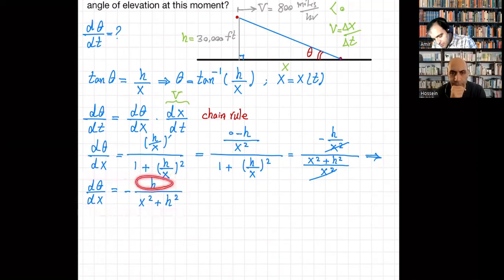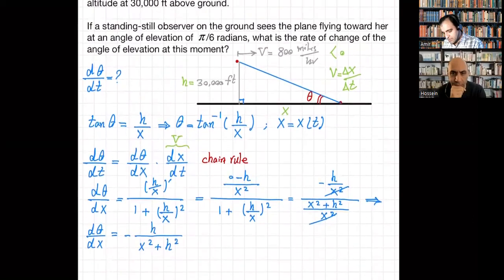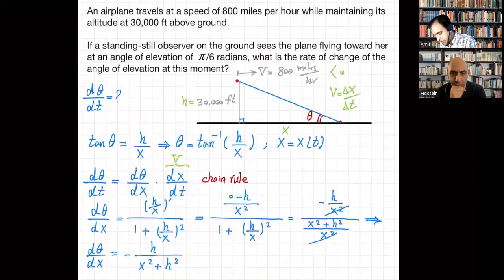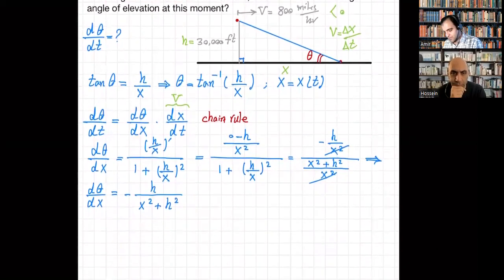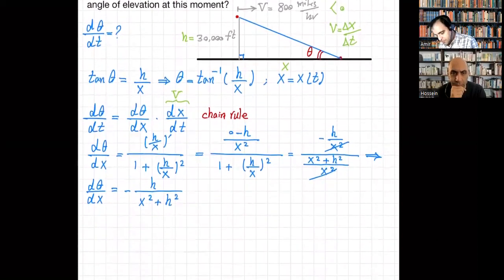In here, h is known, but we have to determine x, and it is given, not directly but implicitly, in the problem statement, since it says at the angle of pi over 6. At this angle, we can obtain the value for x, because tangent of theta is h over x.